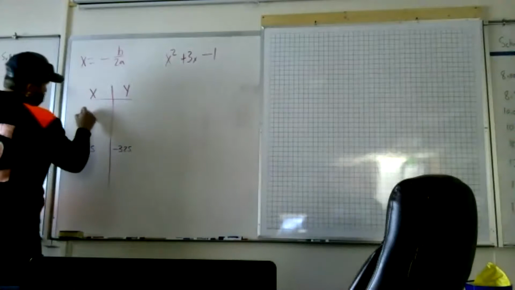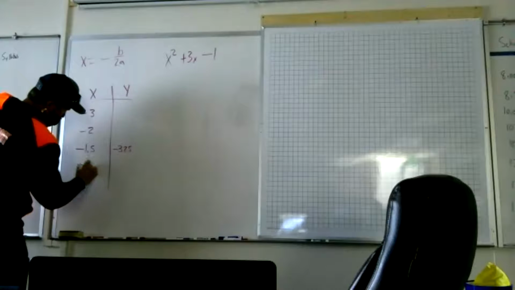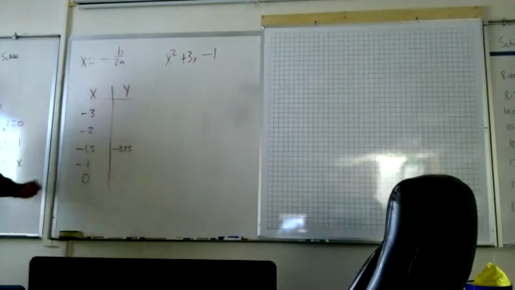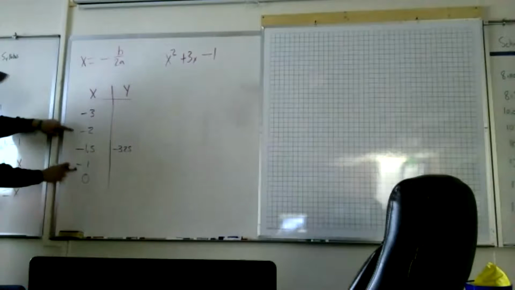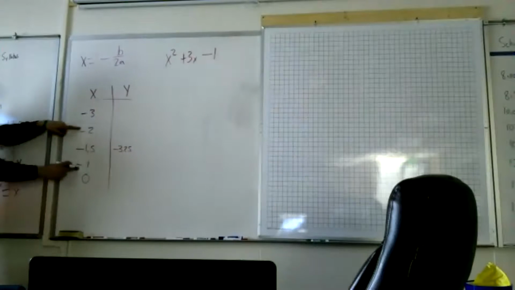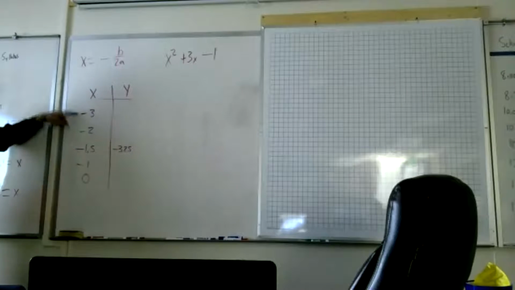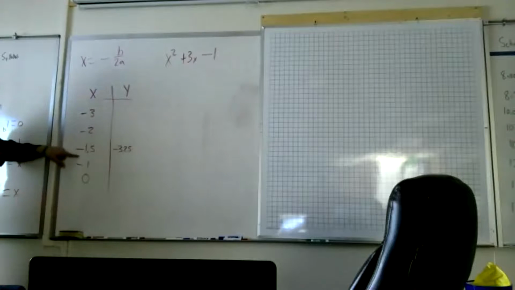So I'm going to choose -3, -2, -1, and 0 as my other points. The reason being, they're all equidistant from the vertex. Like -2 and -1 are a half a unit away from -1.5. -3 and 0 are 1.5 units away from -1.5.